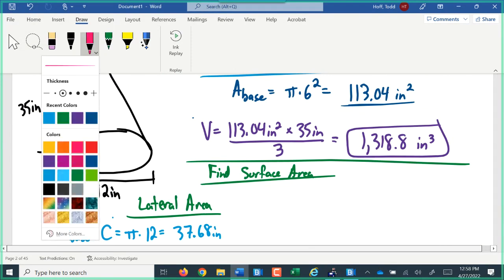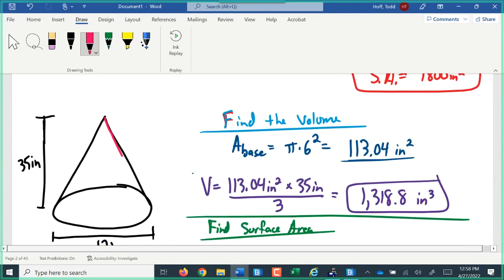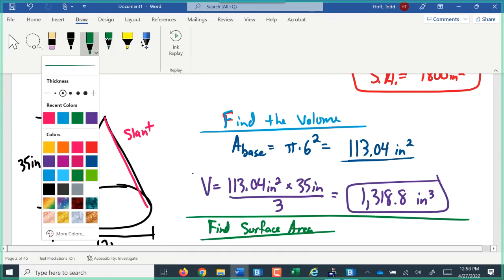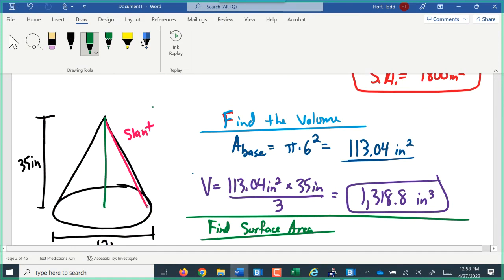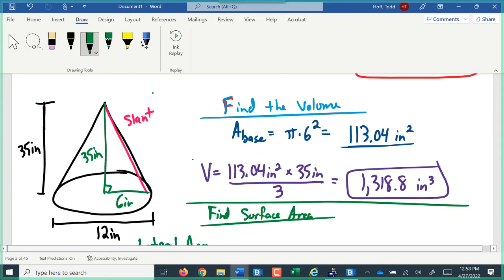And again, the surface goes at an angle. We need that slant. How do we find the slant? Right angle. Yep, this is 35 inches. This is 6 inches.